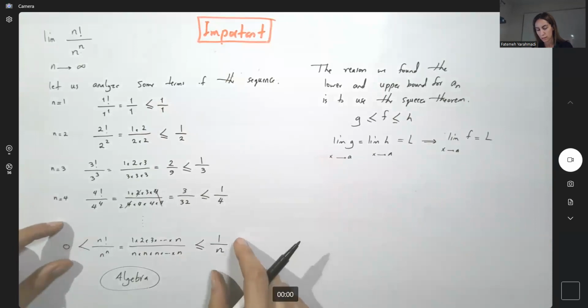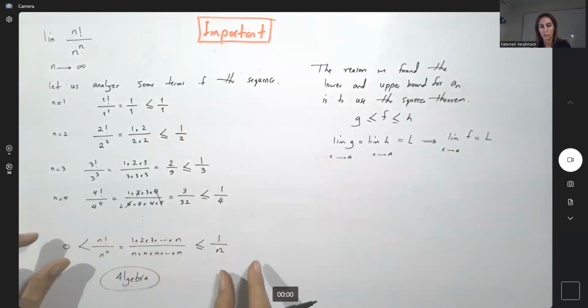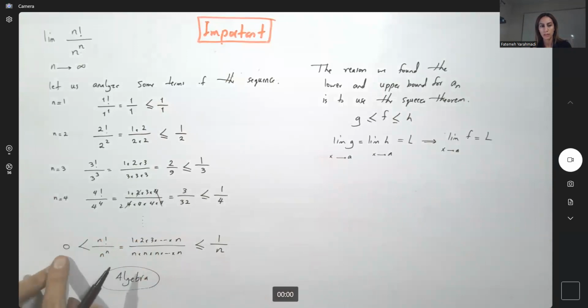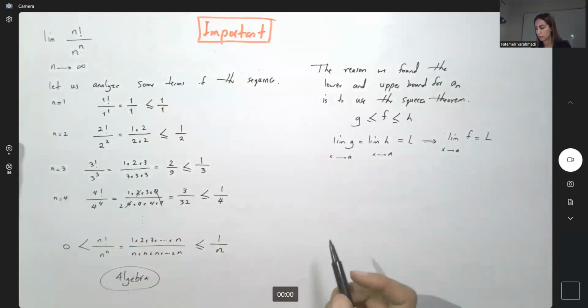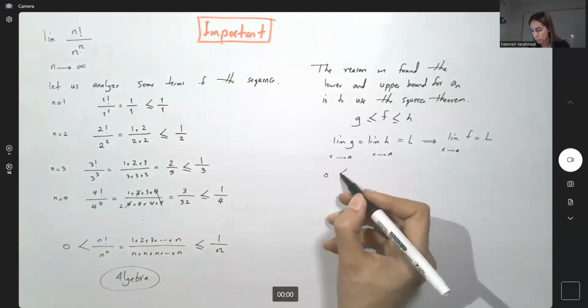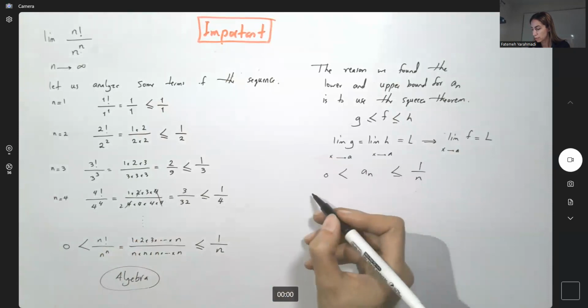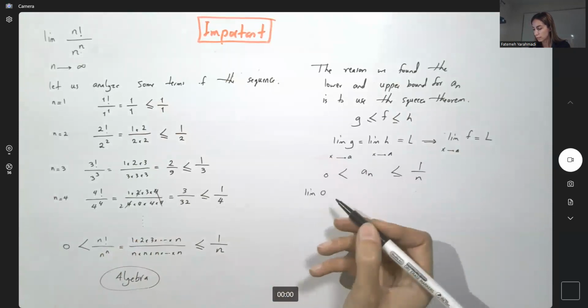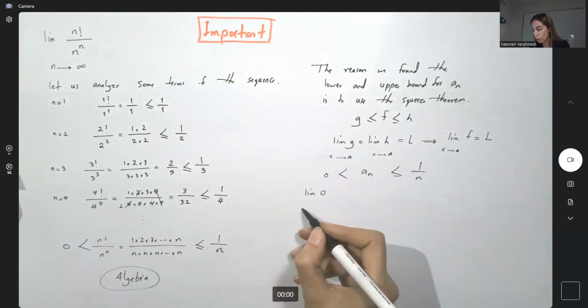So we are basically sandwiching this function between two other functions. This is a constant function, and this is 1 over n, a reciprocal function. But take a look. 0 is less than an, which is less than or equal to 1 over n. The limit of 0, as a constant function, doesn't matter where the variable goes. You don't have any variable to work with.